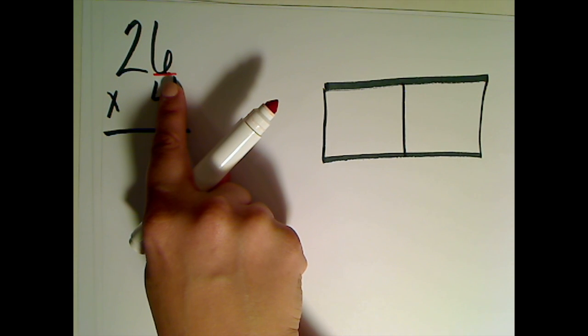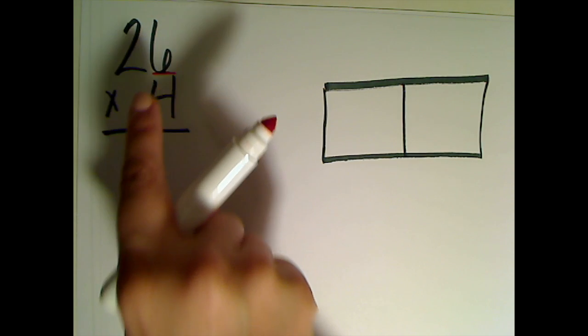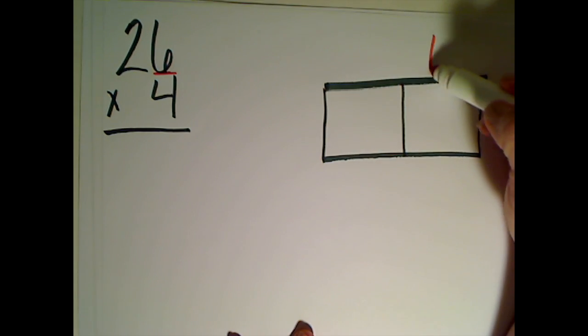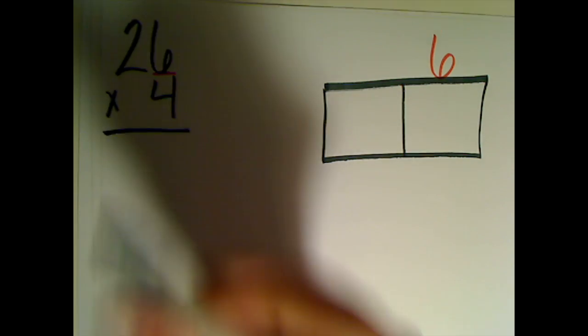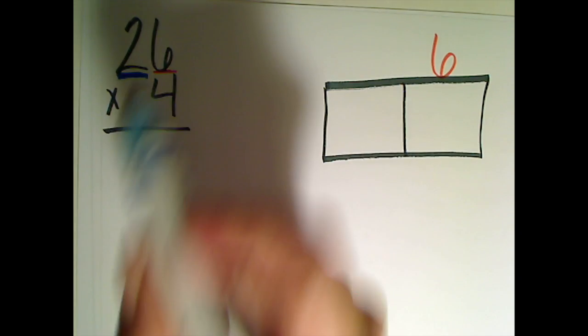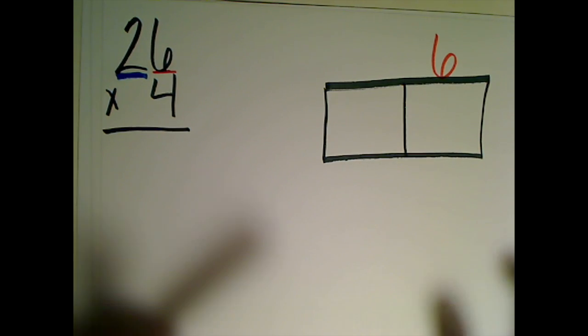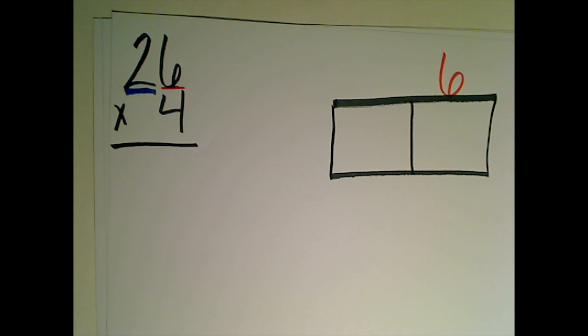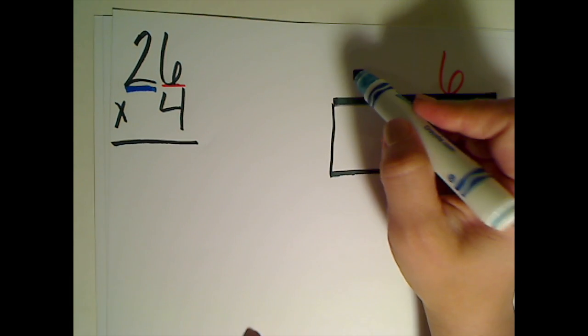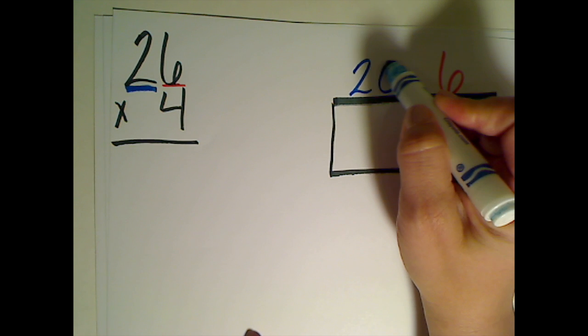That represents 6, so we draw the 6 here. And then let's go to the tens place in 26. That digit isn't 2, that value is 20. So you put a 20 here.